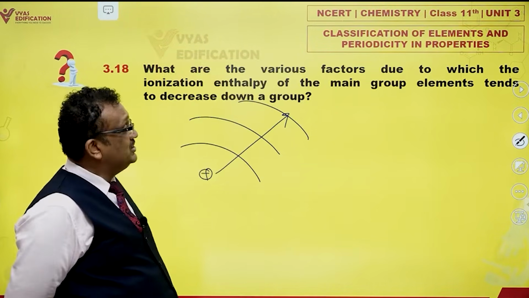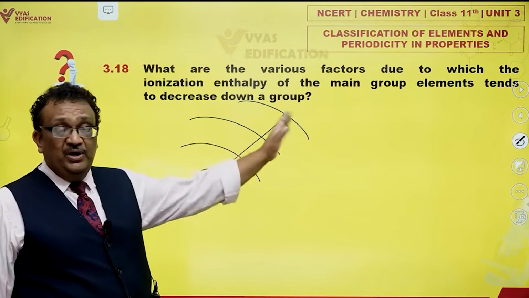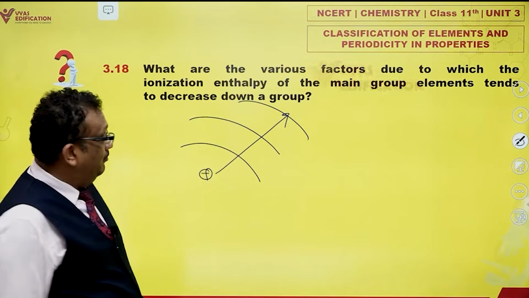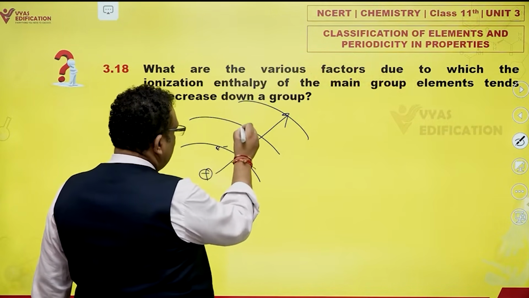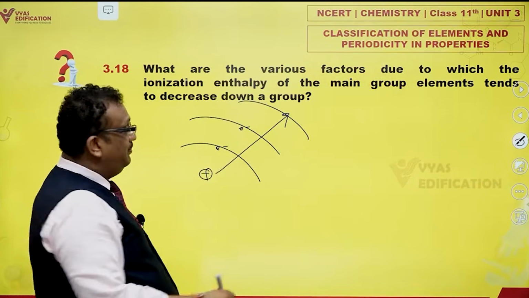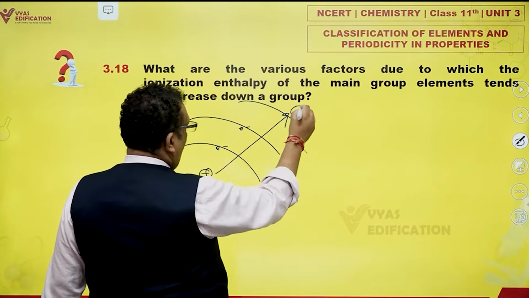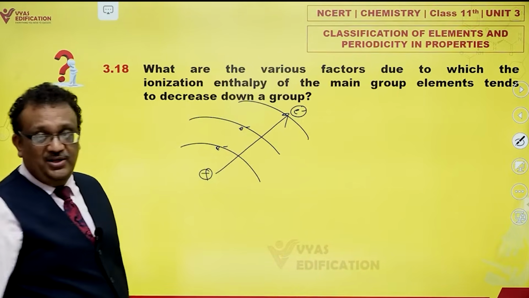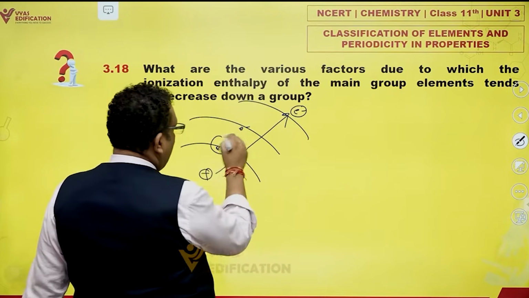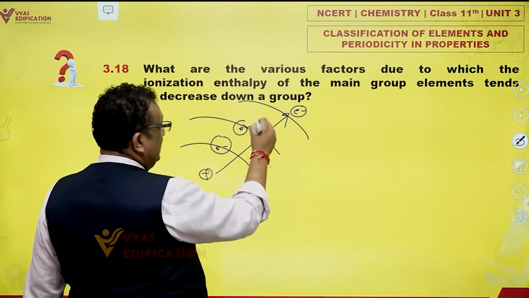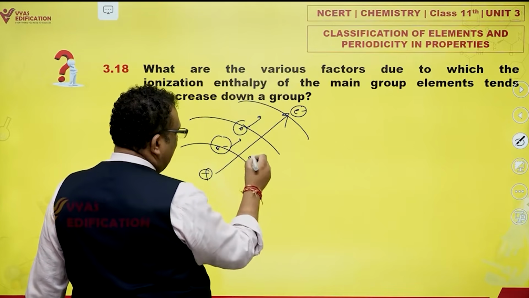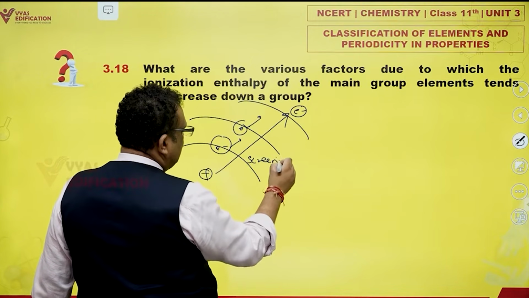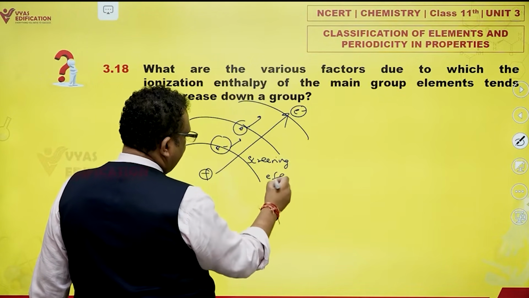Yeah. What is that? As we are moving down the group, more and more electrons are present between the outermost electron and the nucleus. Yes. These electrons in the intermediate shells, they also exert something which is called the screening effect.